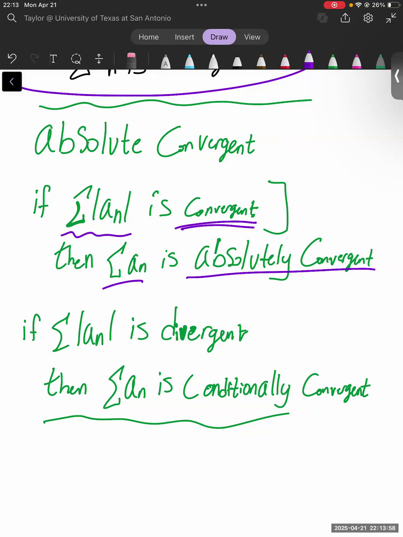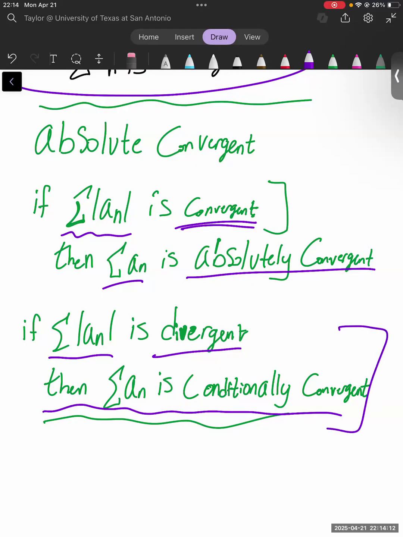Or if the absolute value of the series is divergent, then it's conditionally convergent. And what we need to do is just do a different test. So in this instance, the absolute convergence test is not valid, and we need to look at something else.